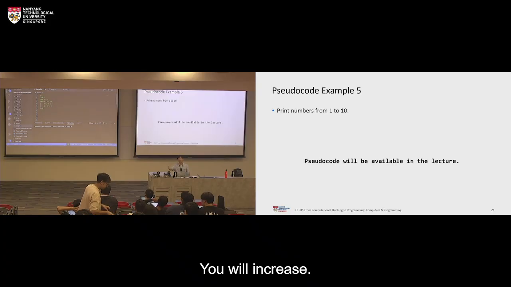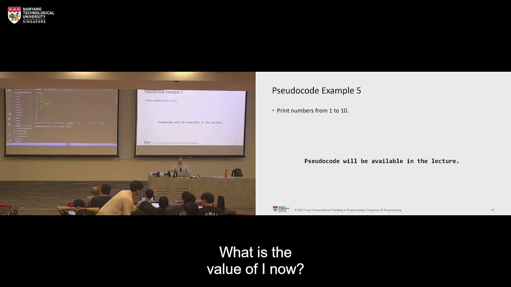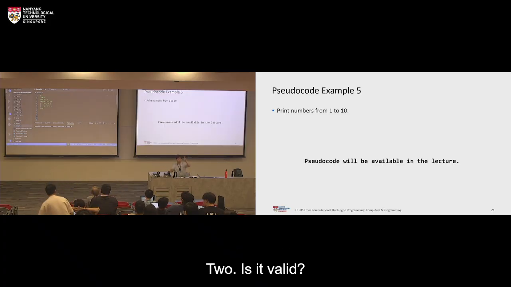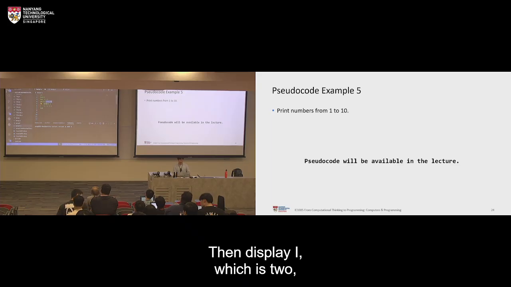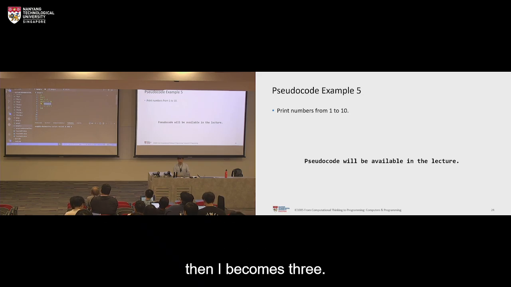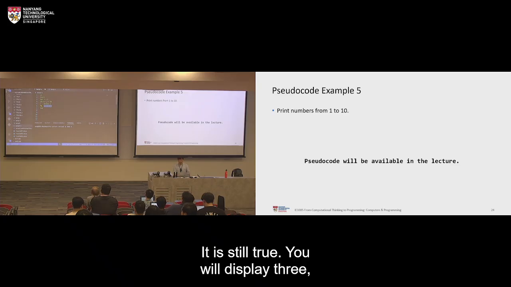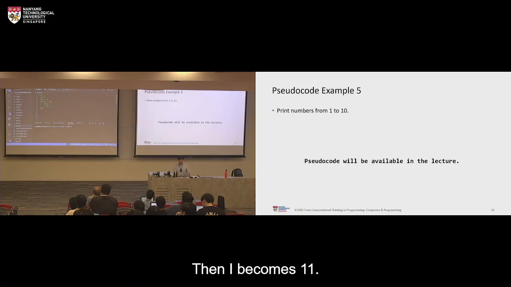You will increase I. What is the value of I now? 2. Is it valid? Yes, 2 is less than 10. Then display I, which is 2. Then I becomes 3. It is still true, you will display 3, 4, 5, 6, 7, 8, 9, 10.